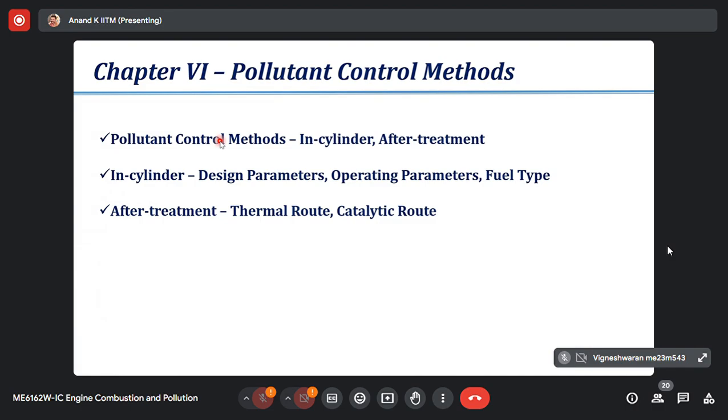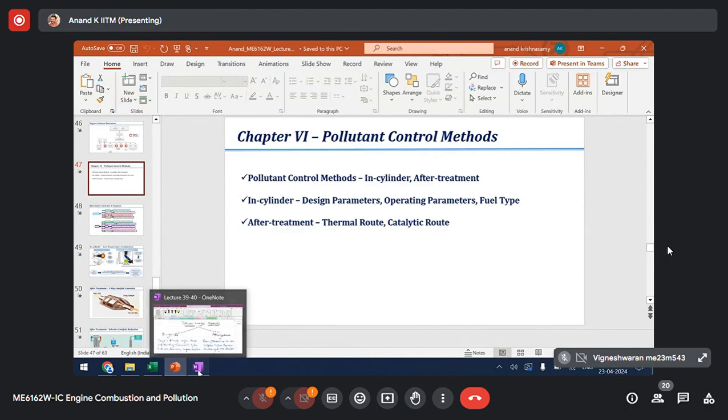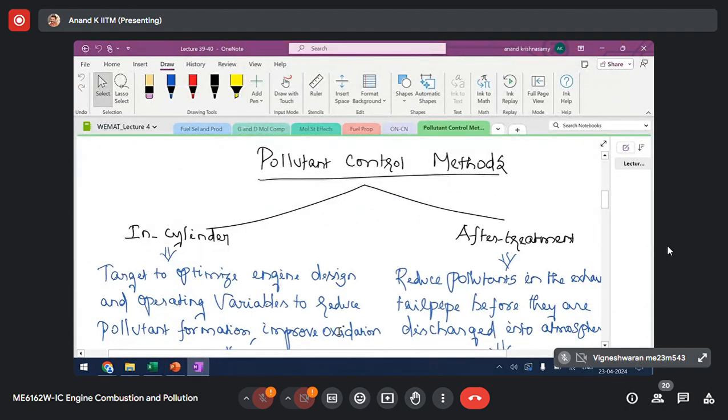Whereas in a CI engine, the temperatures are less, typically 100 to 500, because the operating temperature itself is less in a CI engine since we use EGR up to 50%. For the same reason, you won't have rich products of combustion; rather you will have lean products of combustion in the exhaust. So the exhaust conditions are different. It is important to understand this exhaust condition in order to incorporate a suitable after treatment method. So with that information, I will continue now with the strategies or control methods available in-cylinder and after treatment.